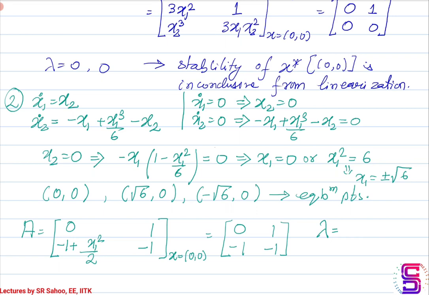The eigenvalues that you get here is for the characteristic polynomial lambda square plus lambda plus 1. Let's compute what the eigenvalues would be.